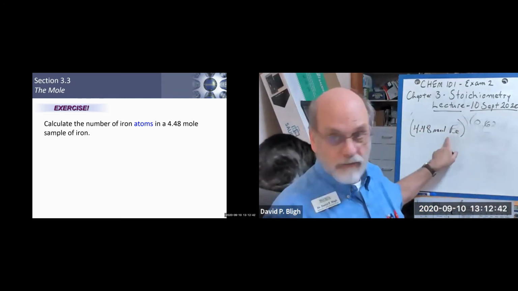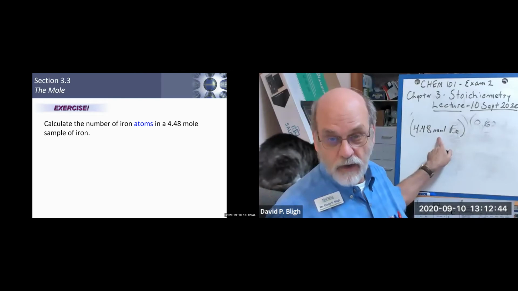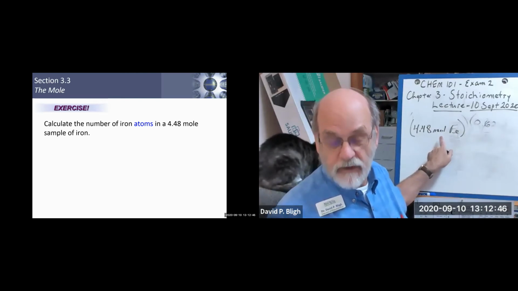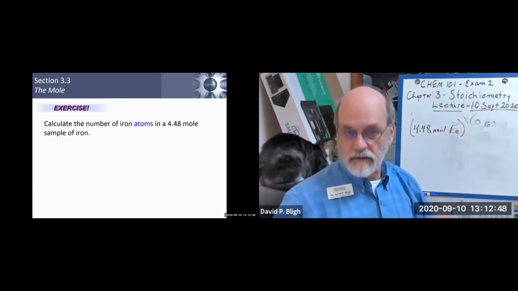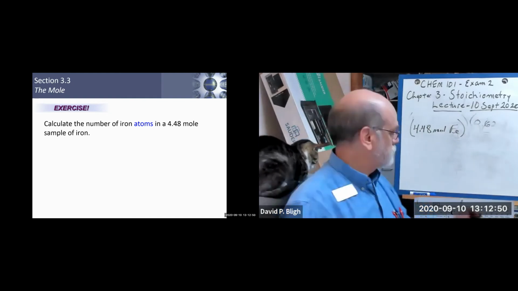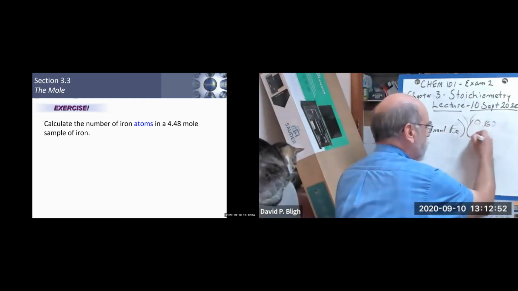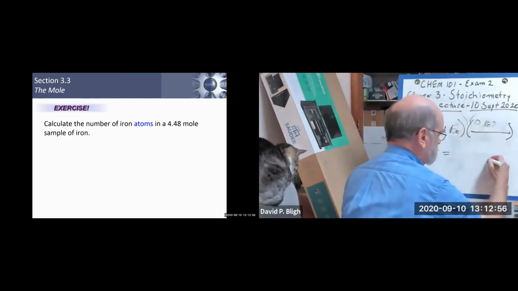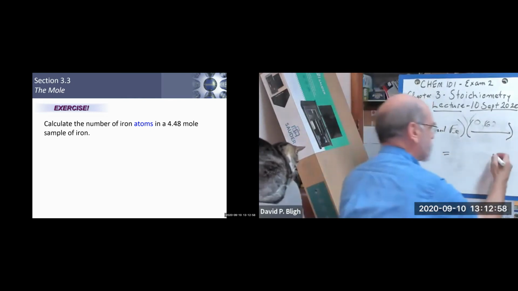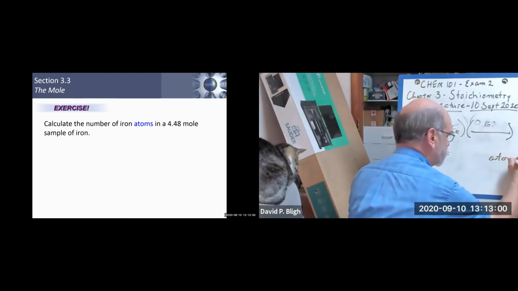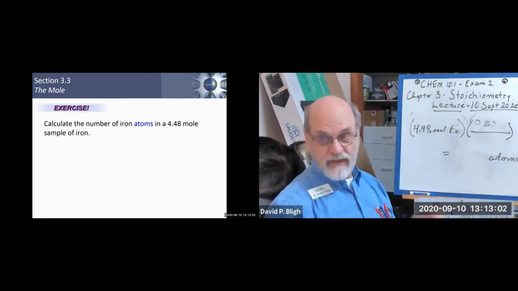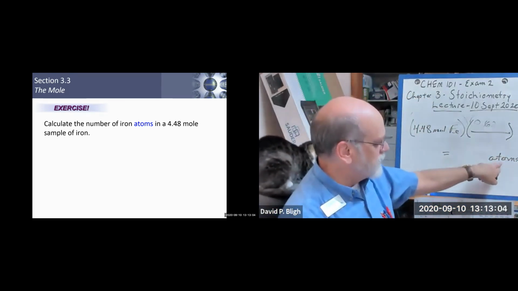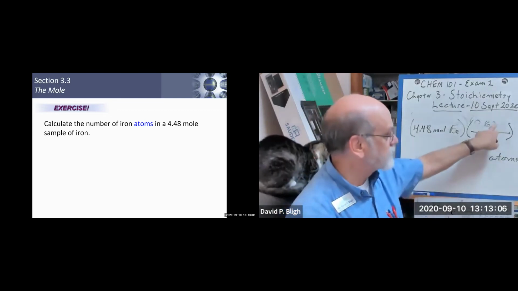This is our starting point. Where do we want to end up? We want to end up with numbers of atoms. So we want a conversion factor that will give us atoms. Okay? So if this is going to be in the numerator, it has to be in the numerator here.